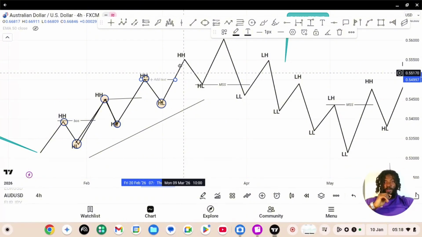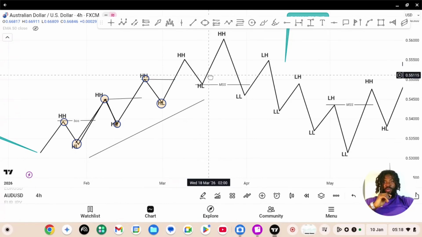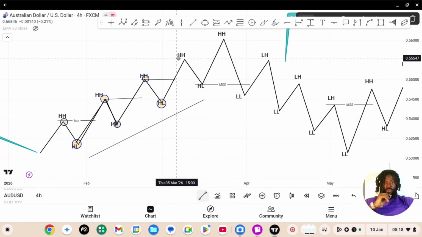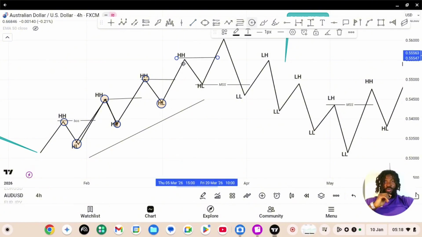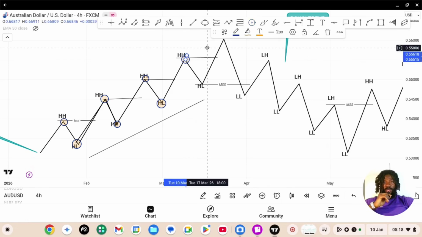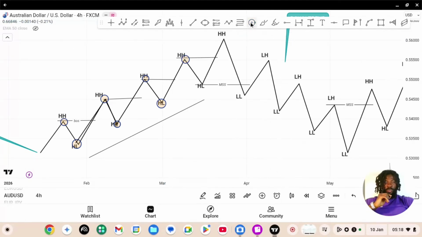Now, you will agree with me, there is no market that is going one direction forever. There will be a time the market will change its movement, either temporarily or for a long time. So we have another new break of structure here, giving us breaks of structure upward continuously, and that is telling us that the market is still in an uptrend.